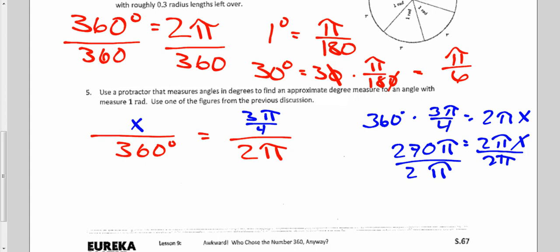Divide both sides, what happens to the pi's? They go away, right? And then I got 270 divided by 2. 135 degrees equals x. Do you see how the ratio prevents us from having to memorize stuff? Use the ratio. The ratio is wonderful. Okay?